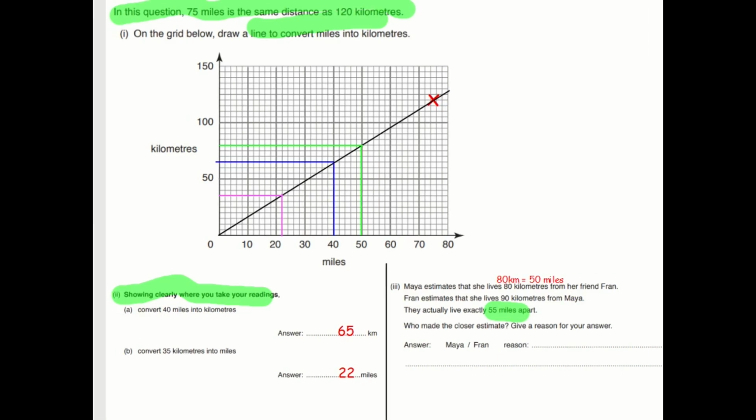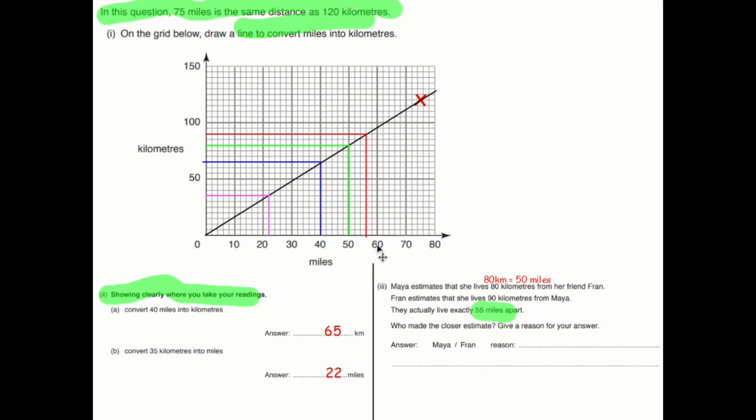And then again, read off the graph using a different colour. 90 kilometres is here. Read off your graph and you get that is 56 miles, because each square is 2, so 52, 54, 56, that's 56.